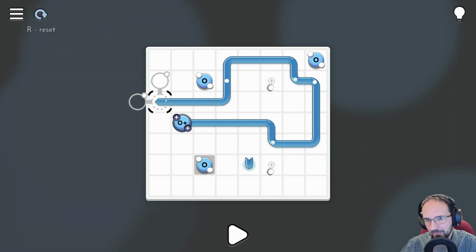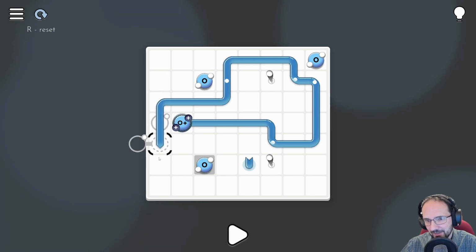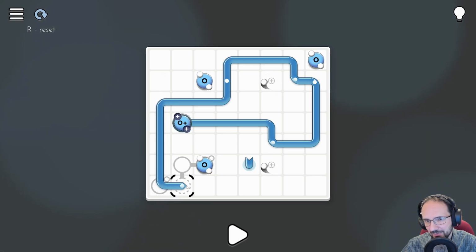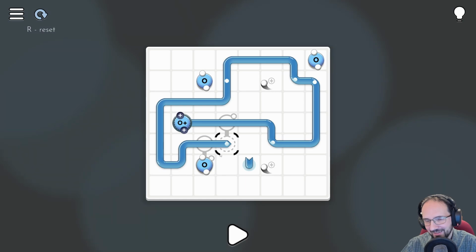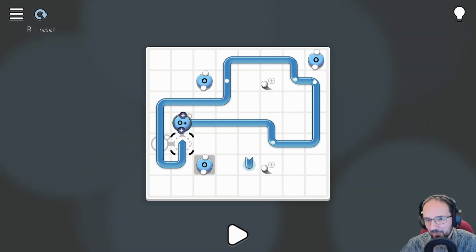And now we've just got to get this oxygen in between those two, which is not there. No, we can't. I thought I had it. Just needed to get him in this spot here, but there's no way to do that.